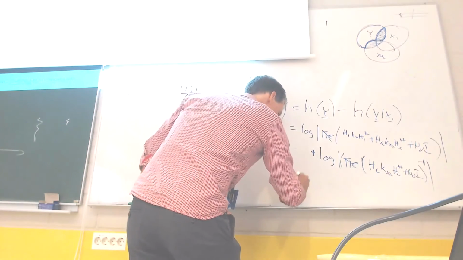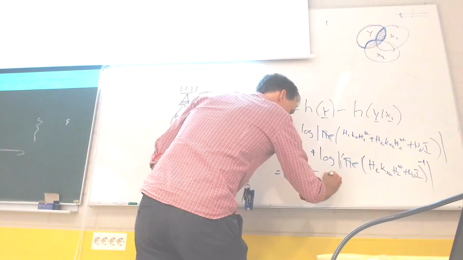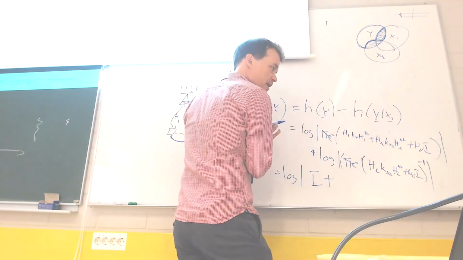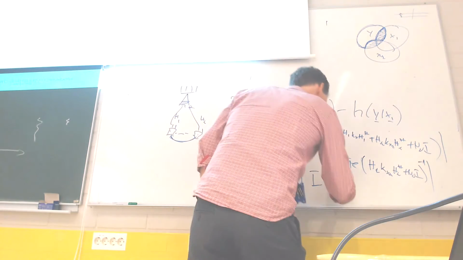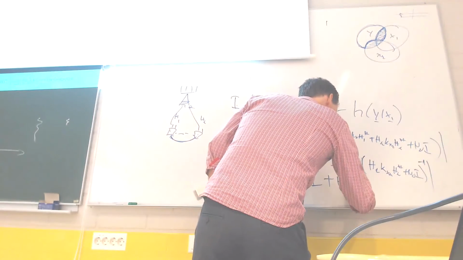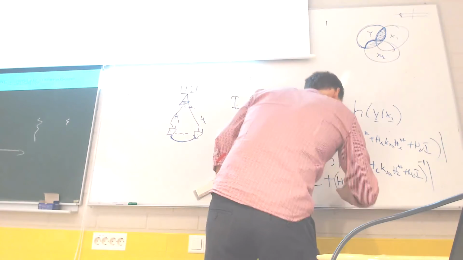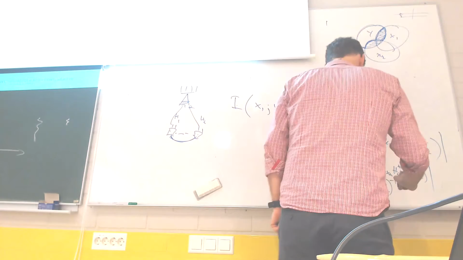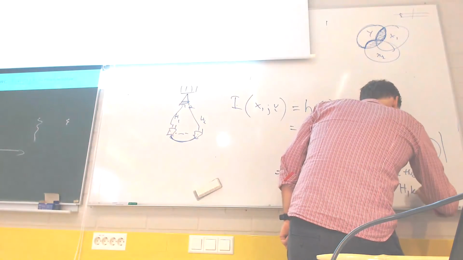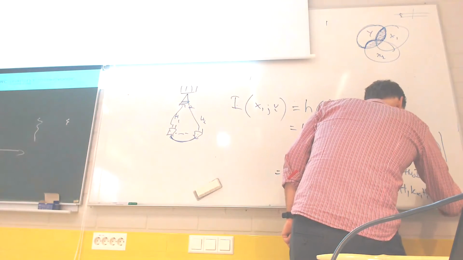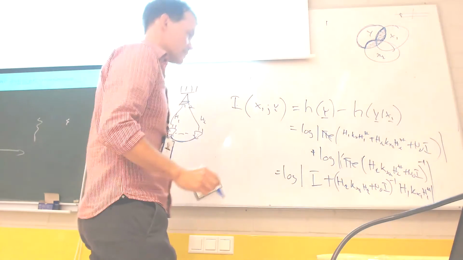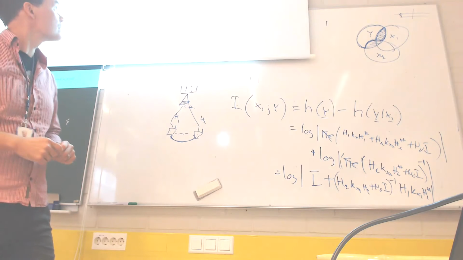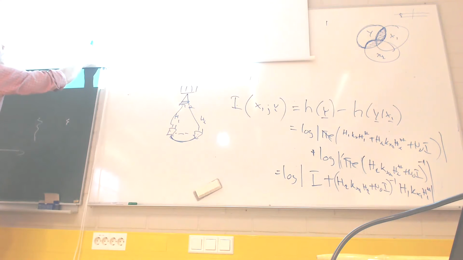So we have log det of identity plus, we can multiply from the left, so we have (H2 Kx2 H2^H + N0 I)^-1 H1 Kx1 H1^H. Good. So this is the rate of user 1 at point A.